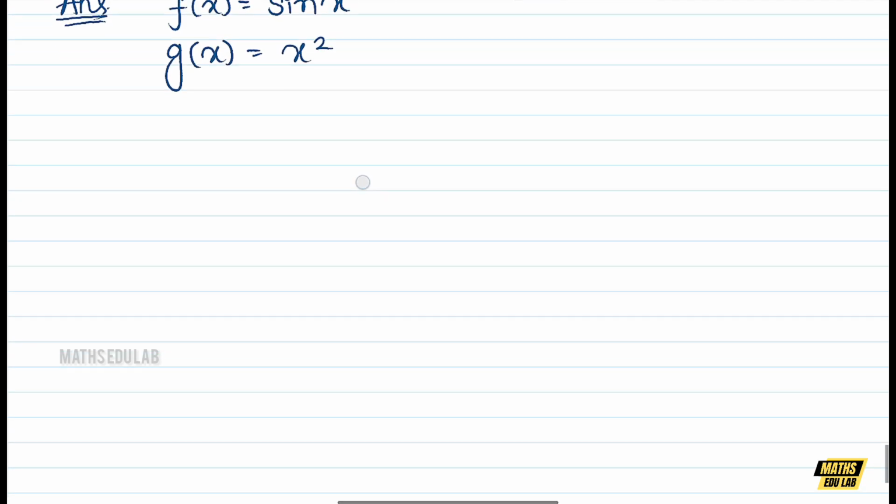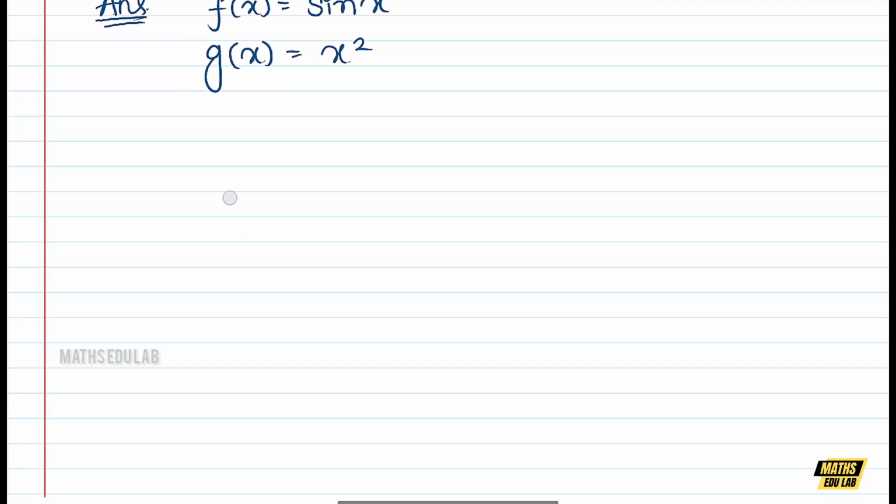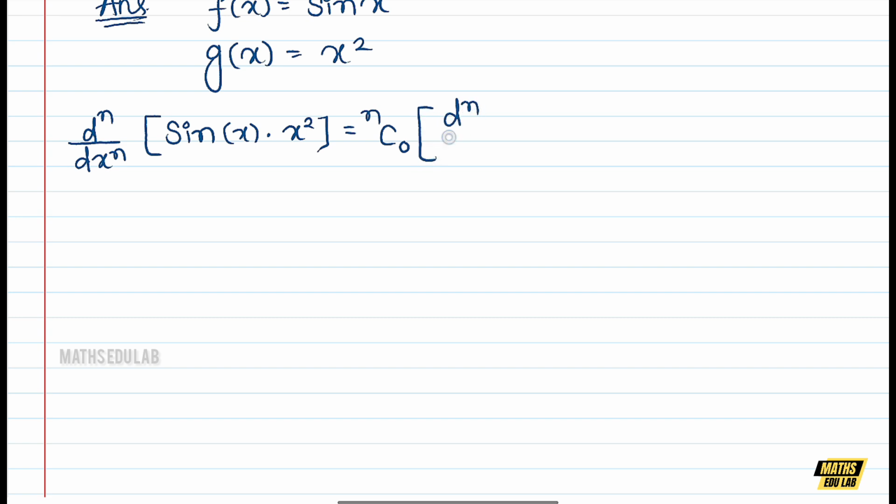Now I will write the Leibniz rule, that is d^n by dx^n of the function sin x into x square. So this is what we have. Now the formula: nC0, then the nth derivative d^n by dx^n.